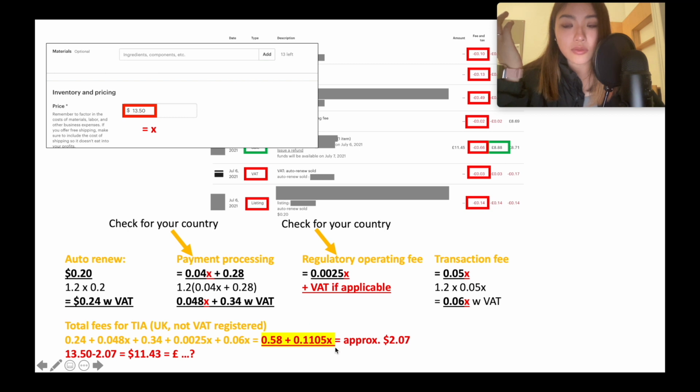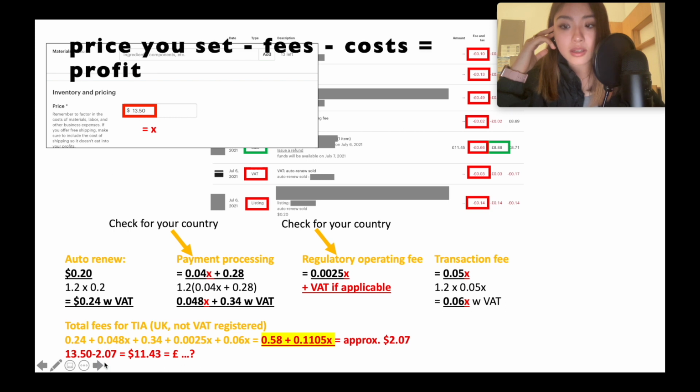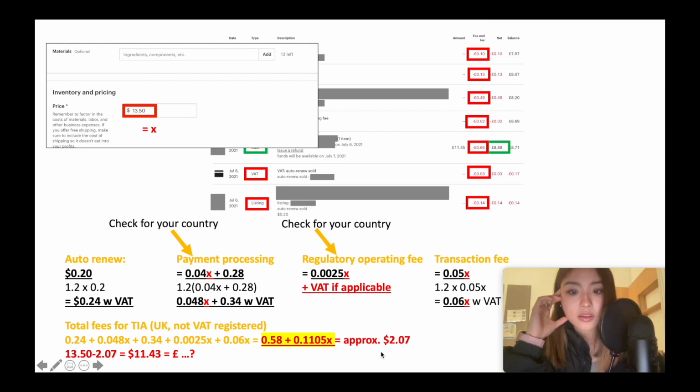So if we put x in here, that's approximately $2.50, and if we do $13.50, so that's the price that I set, remember, minus 2.07, that equals 11.43. That should work out to around £8, I think. If you do that with some online calculator, if you just Google it, it should be around £8.